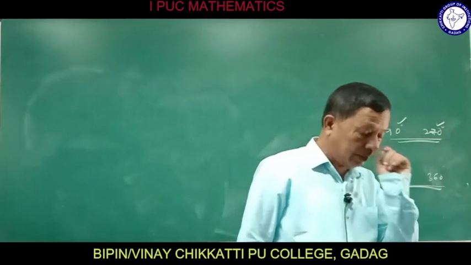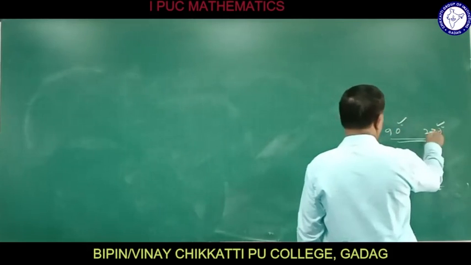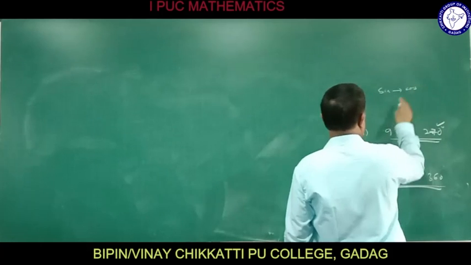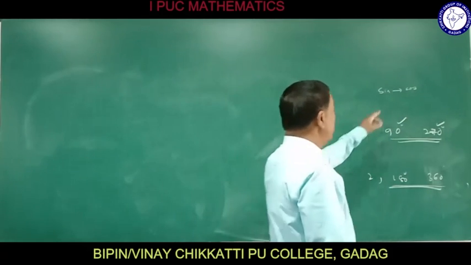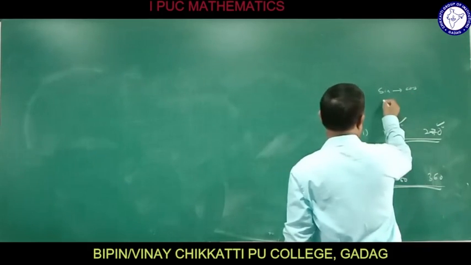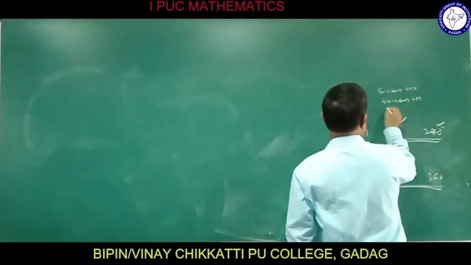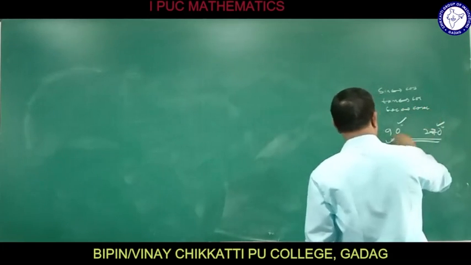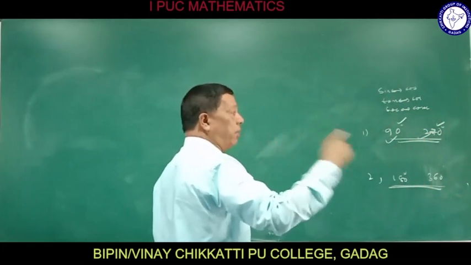Now the rule says, if the angle is 90 or 270, the trigonometric function changes to its co-ratio, sine to cos, cos to sine, tan to cot, cot to tan, sec to cosec, cosec to sec. So if 90 or 270 is there, trigonometric functions must be changed to their co-ratios.